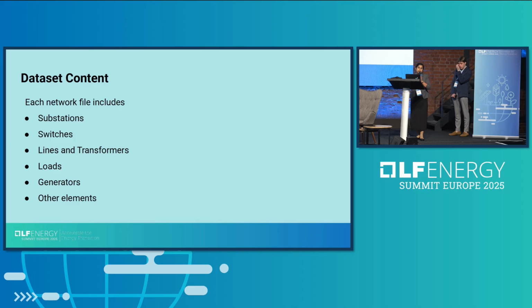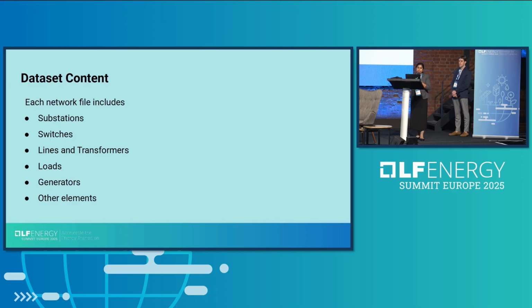The static characteristics of transmission lines and transformers are provided, but the power flows are not included in this network file. The location of loads on the network and the connection status are provided, but the injection values are not included.